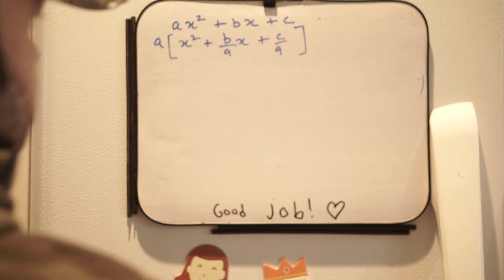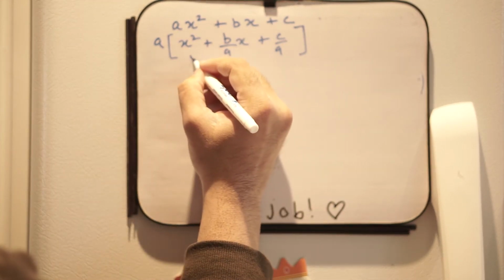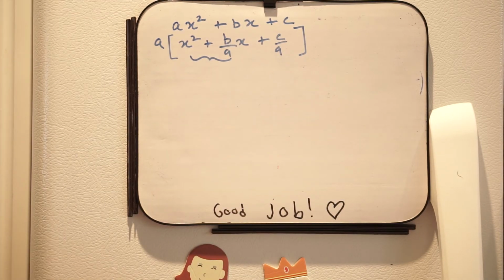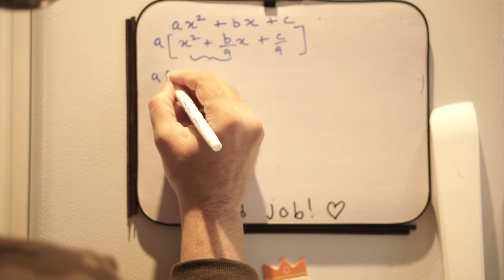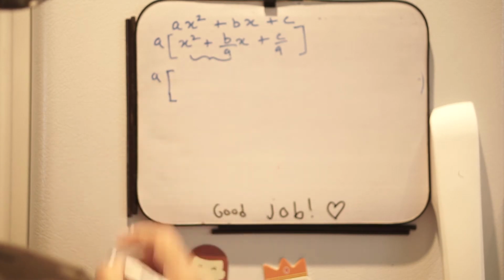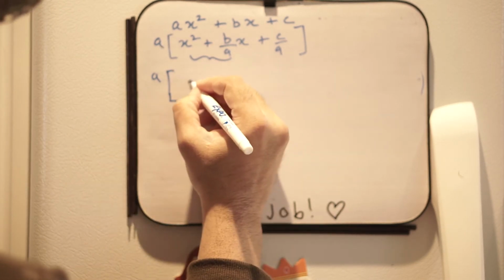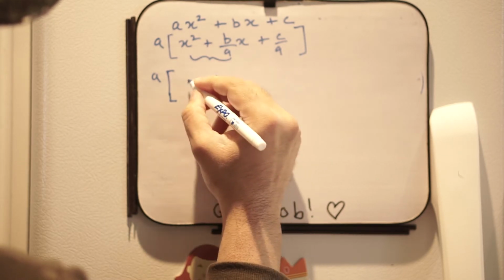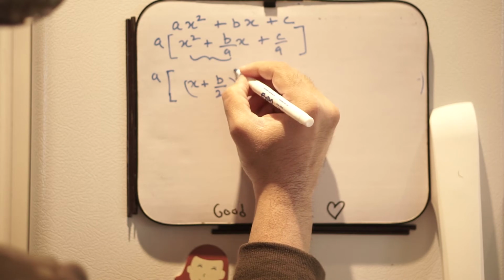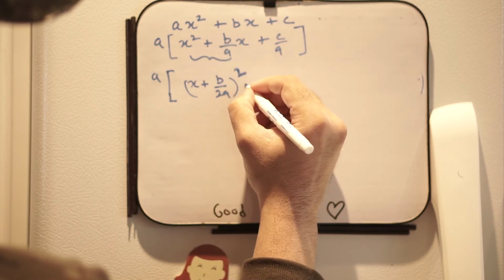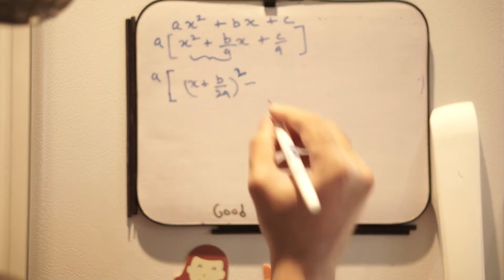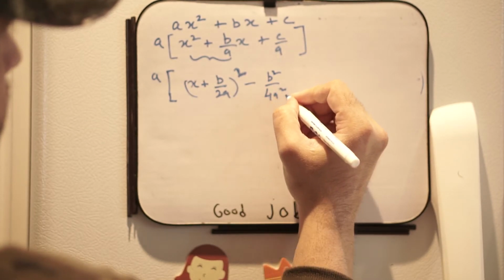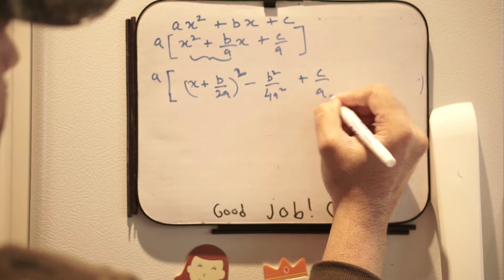Okay, so now we know that this thing is starting to remind us of a square with a missing corner. So if we break this down further, this thing will become x plus b by 2a whole square, minus the missing corner, b squared by 4a squared, plus our c divided by a.